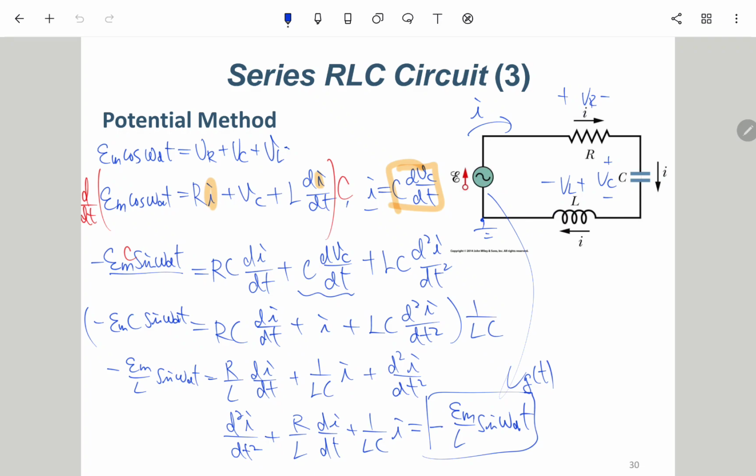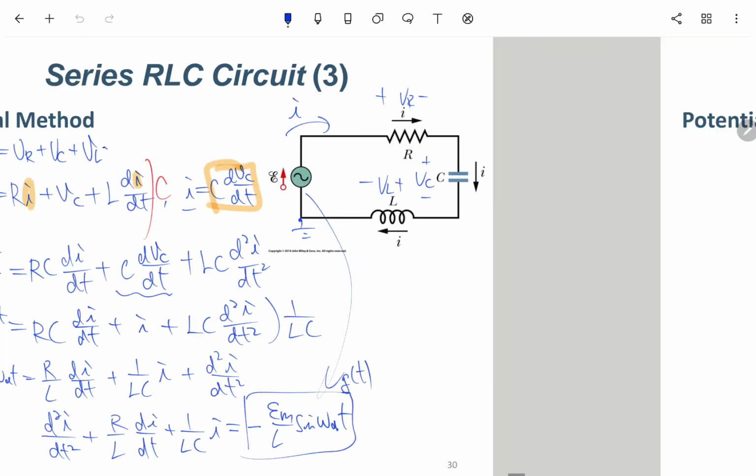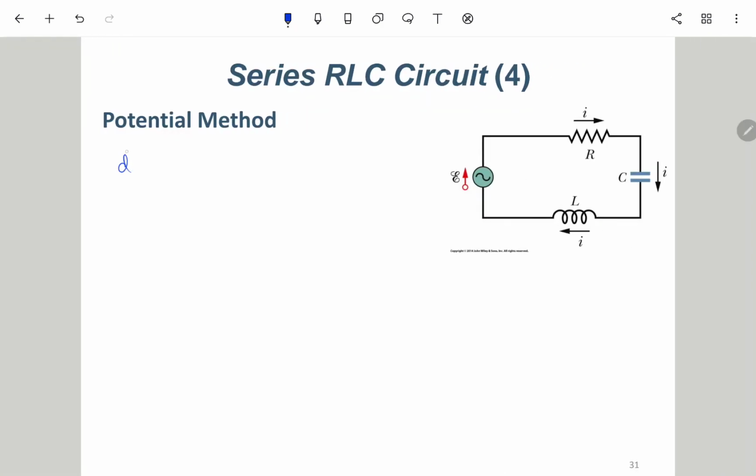Actually, the procedure is that you try to make the left hand side 0, you make d2I dt2 plus R over L di dt plus 1 over LC I to be 0, so it will give you the I_C(t).